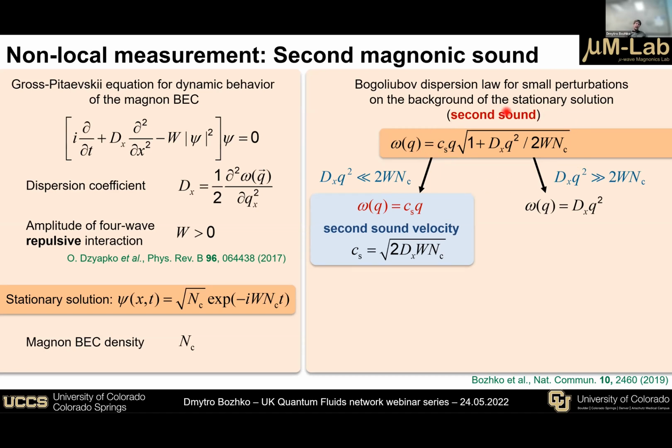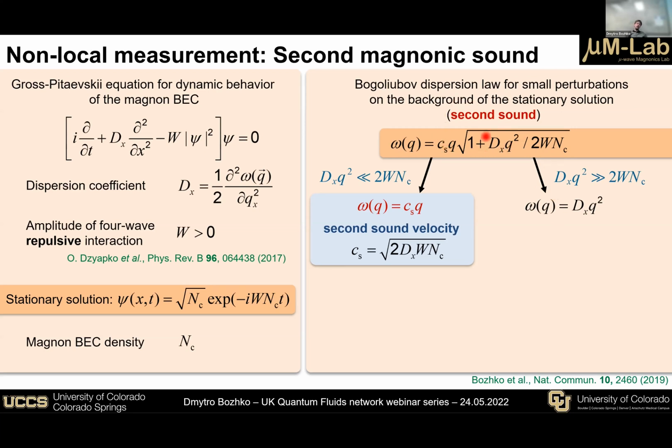Here we have two limits. We have the limit of high excitation, when we have a large wave vector excitation, and for that the dispersion is quadratic.